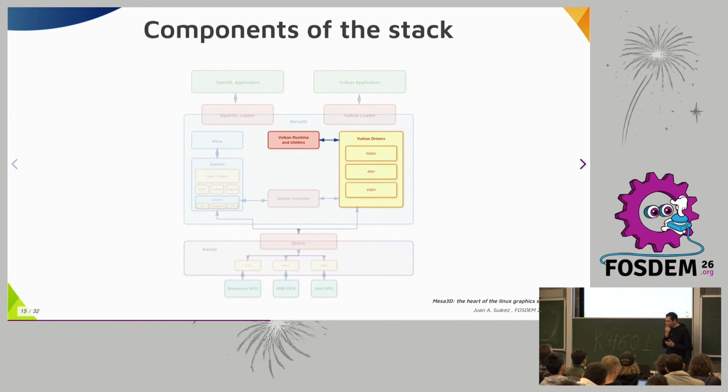Fortunately, it's quite difficult to implement an application and not have errors. So in the case of Vulkan, there is an intermediate layer called the validation layer, which sits between the Vulkan loader and the Vulkan drivers. Basically, when you call a Vulkan function, the validation layer intercepts the call, tracks all the states, and ensures that you fulfill all the requirements.